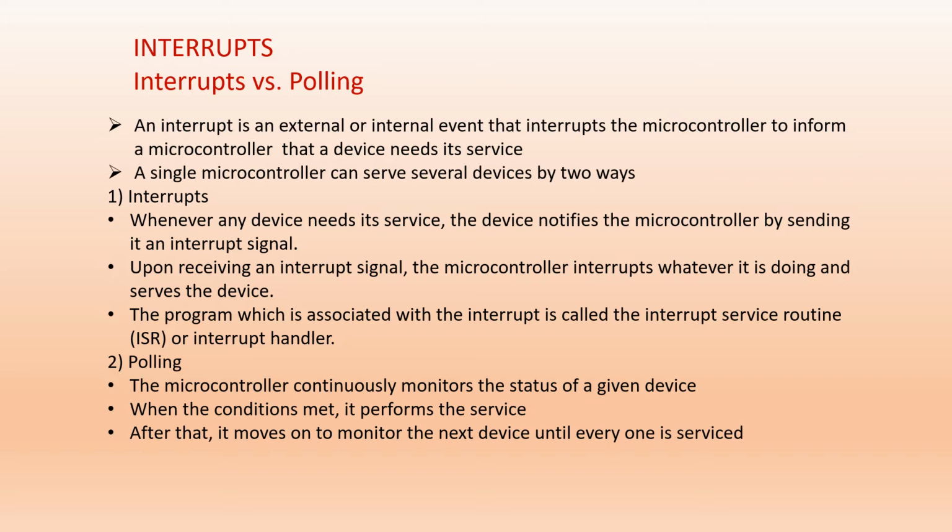Upon receiving the interrupt signal, the microcontroller halts whatever it is doing and serves the device. The program associated with the interrupt is called the interrupt service routine or the interrupt handler. For each interrupt, the program is written at a specific location, and we call it the interrupt vector table.